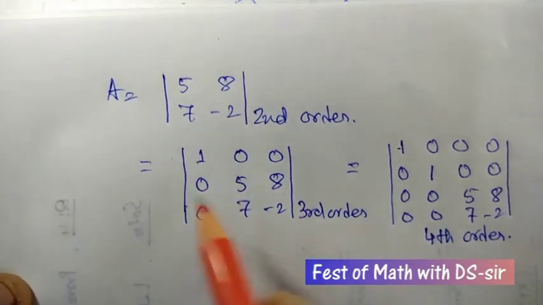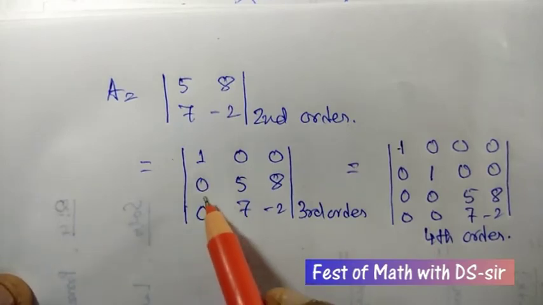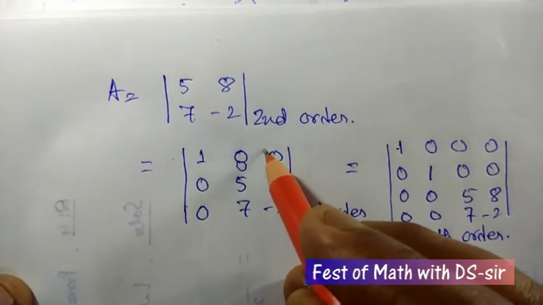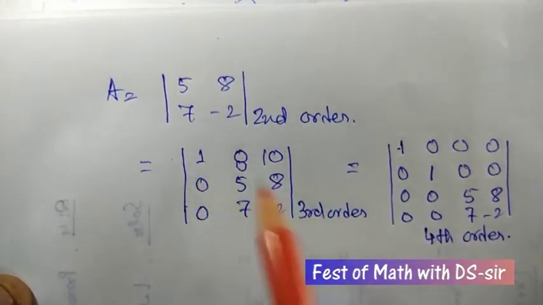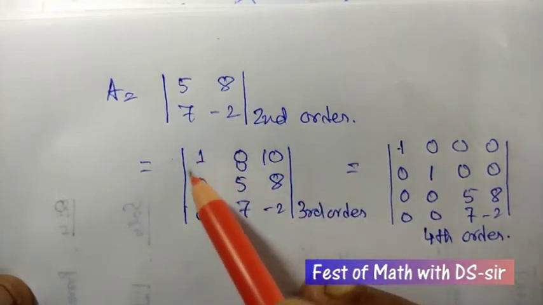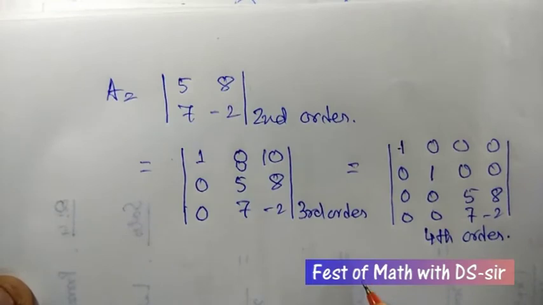Now see, it is not mandatory to write all these four elements 0. You can write these elements as 8 or 10, keeping these 0. Then on expanding this determinant with respect to first column will give you the first given determinant.